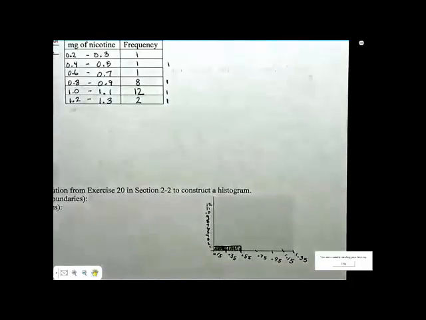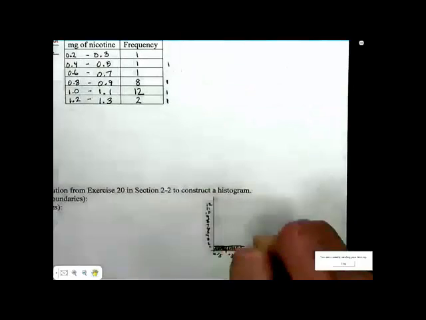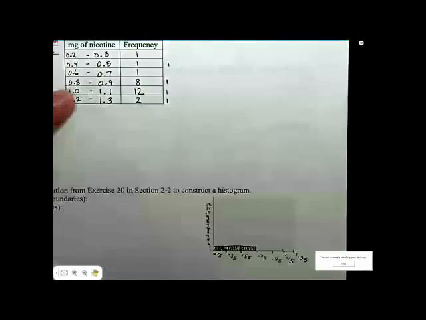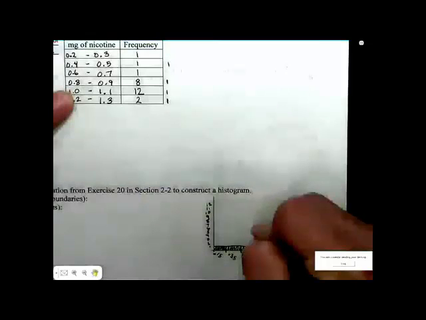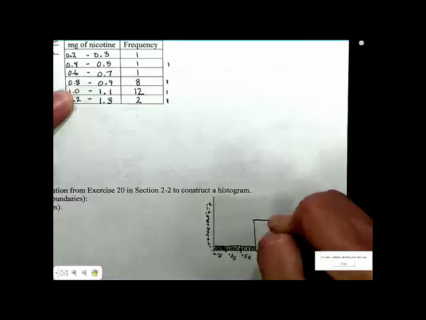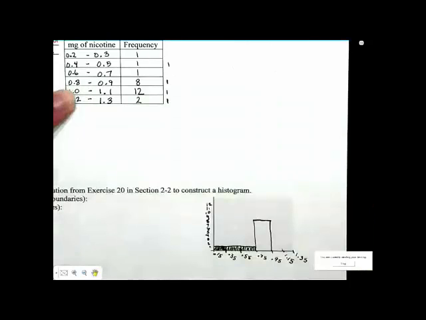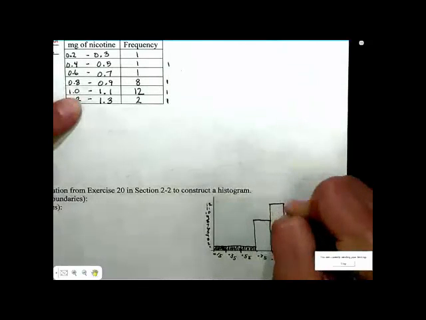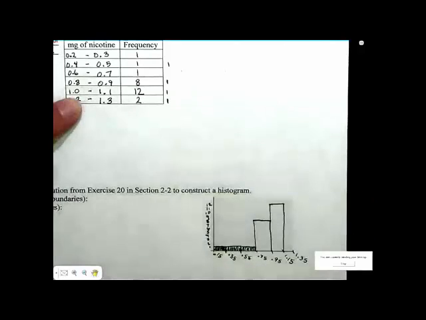And the third class also had a frequency of 1. The fourth class had a frequency of 8. Its bar is much higher. The next class had a frequency of 12. And the last class had a frequency of 2.